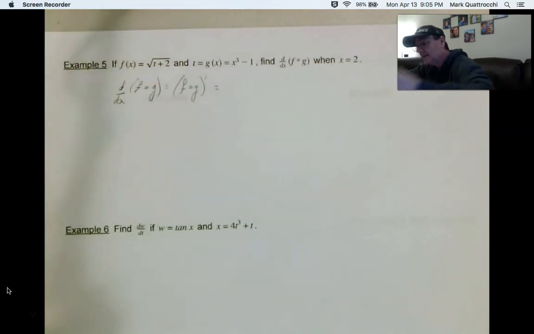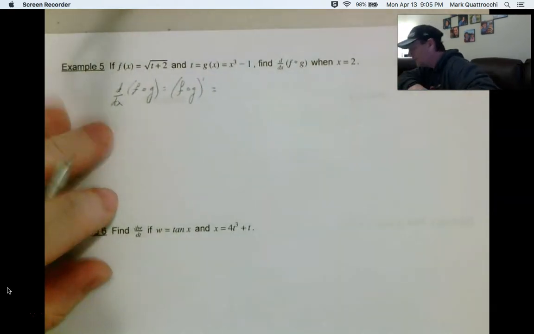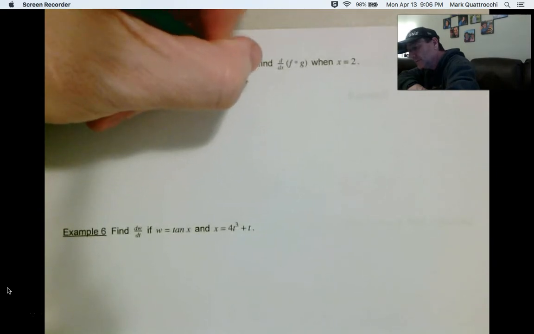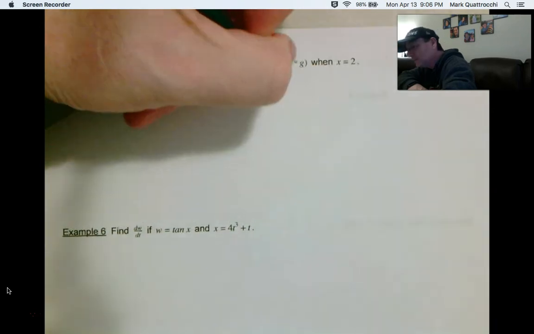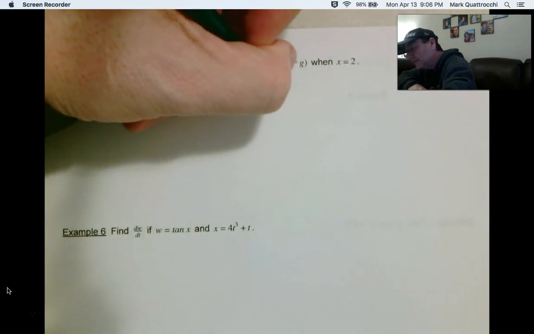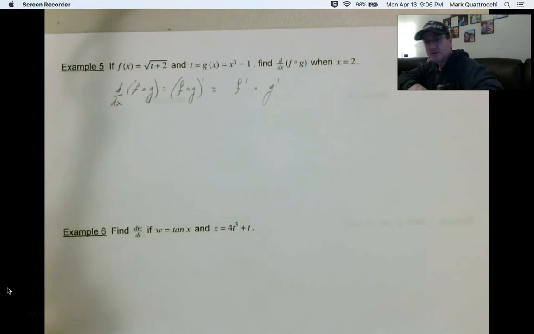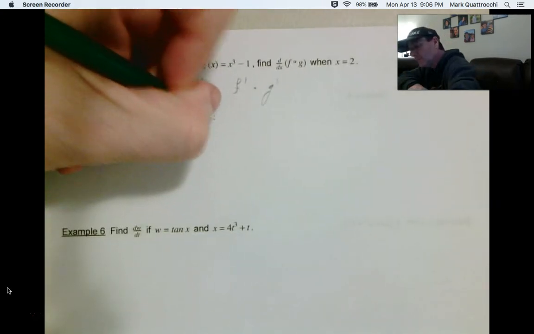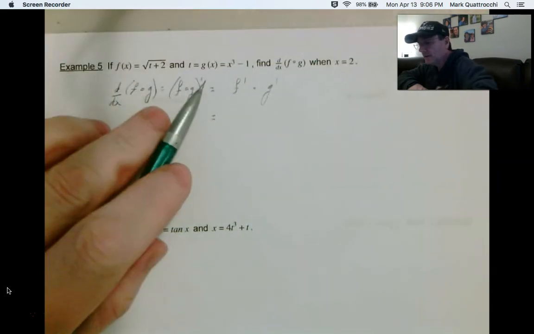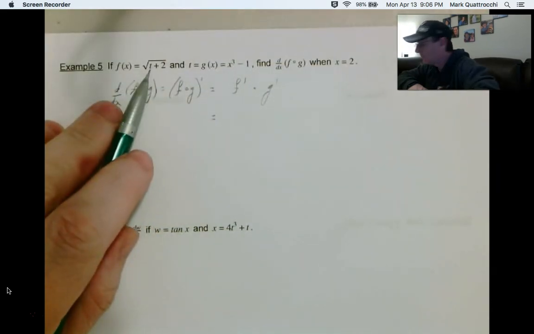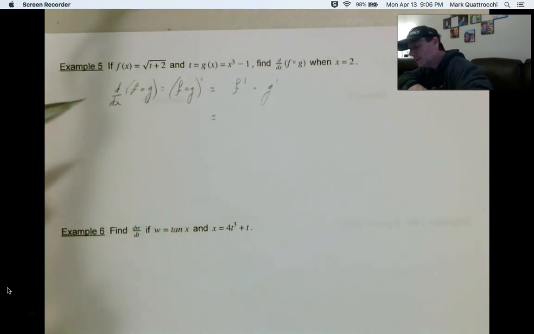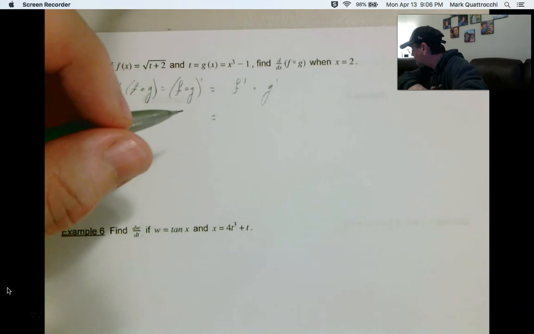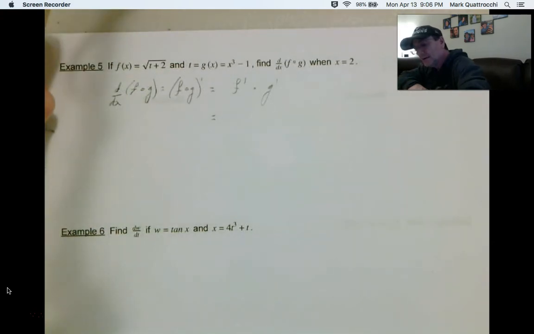And if we use the outside-inside rule, we do the derivative of the f function times the derivative of the g function. So the f function, do I want to do that off to the side? Yeah, let's do that off to the side here.